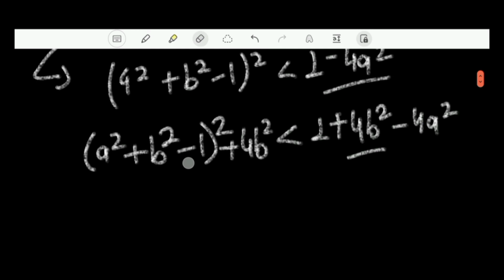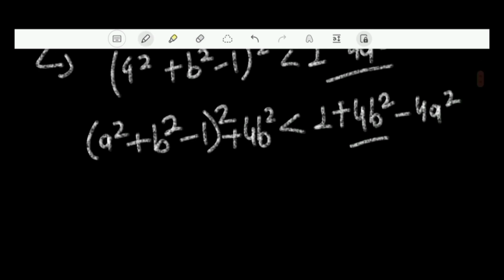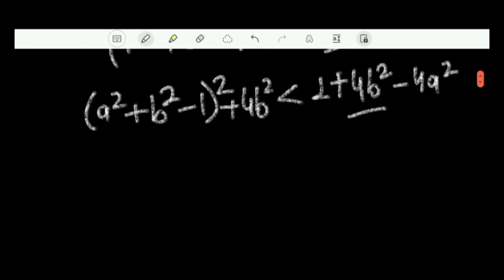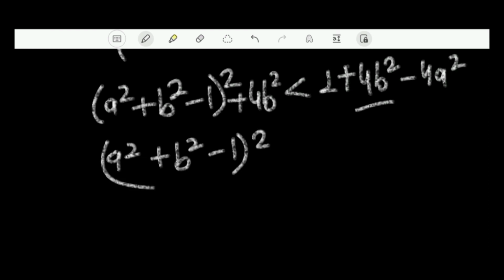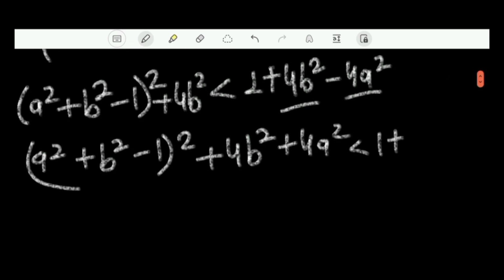Oops, this is minus. And now we have to again do some maths for solving this large expression. Square, we can transfer this 4a square to the left hand side, and we can say that 4b square plus 4a square is smaller than 1 plus 4b square.